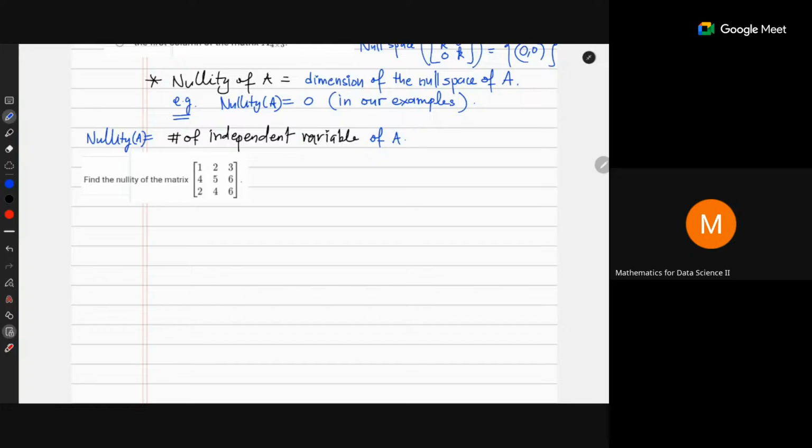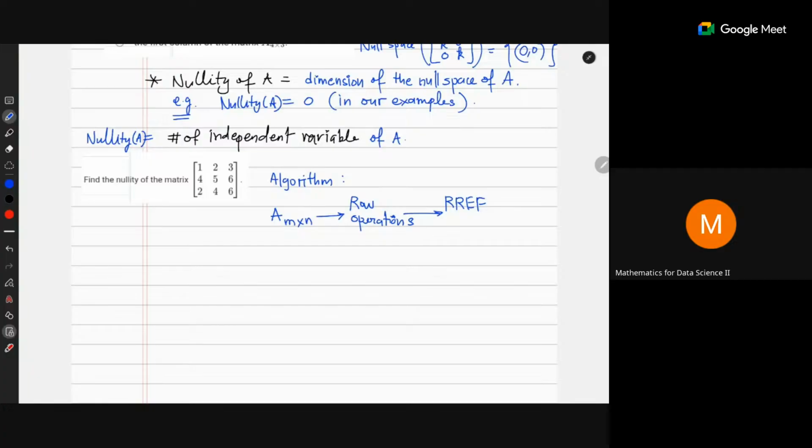Okay. So this is the algorithm. Let me write it down. First you start with a matrix of order n cross n. Then you perform row operations and obtain the reduced row echelon form.